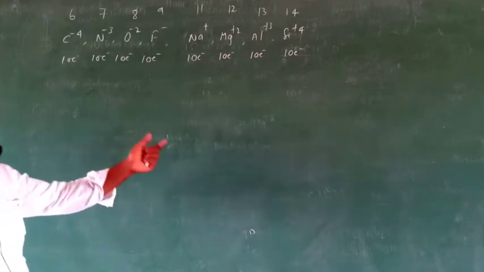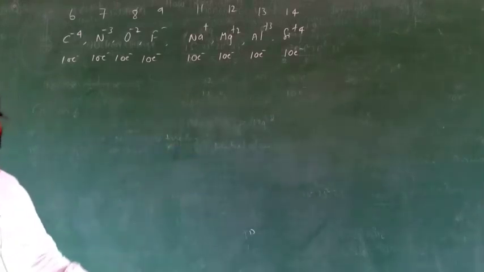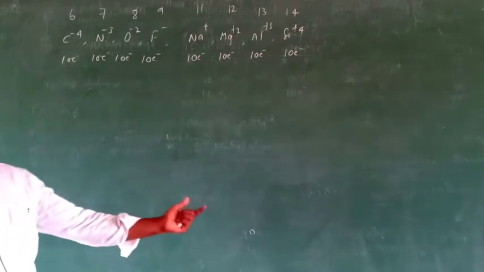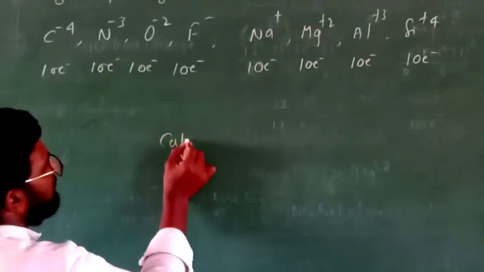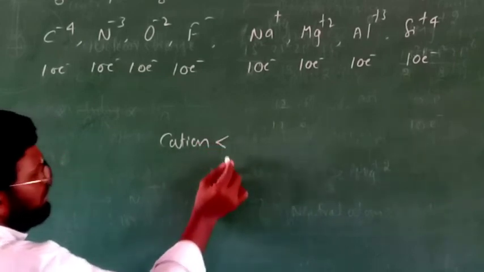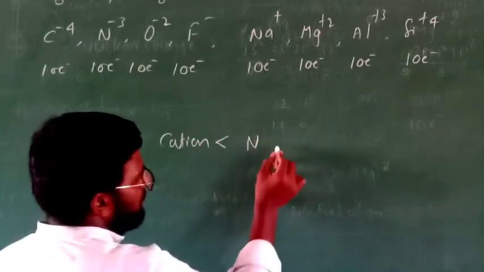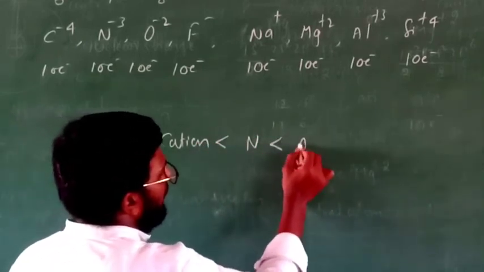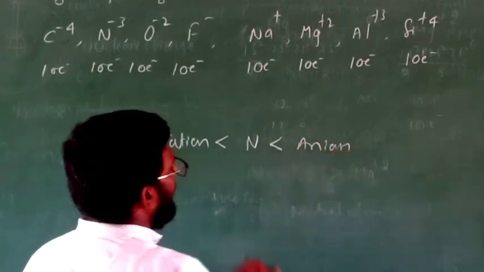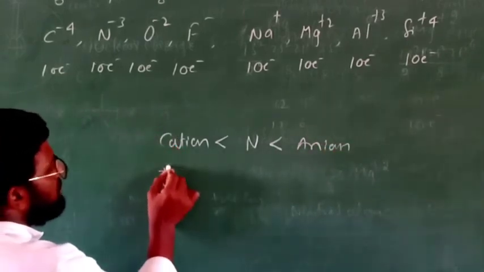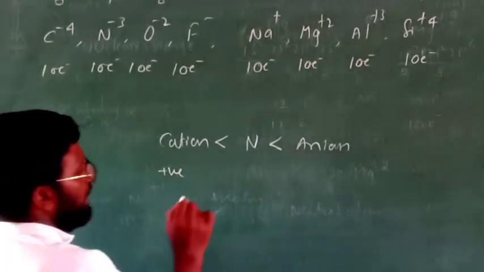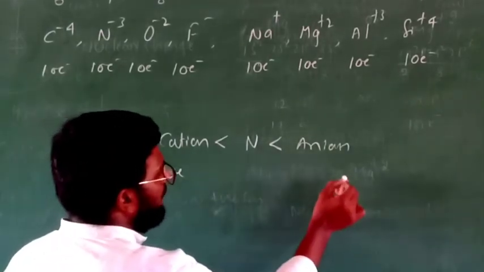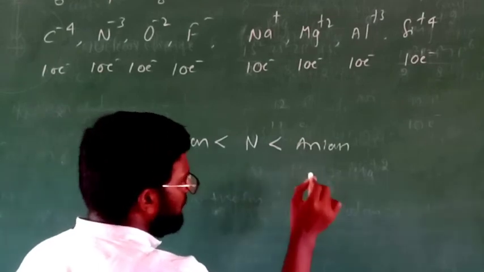Just before this topic, I told you that cation has the smallest size, then neutral atom, next anion. So as the positive charge increases, size decreases. As the negative charge on the anion increases, its size gradually increases.